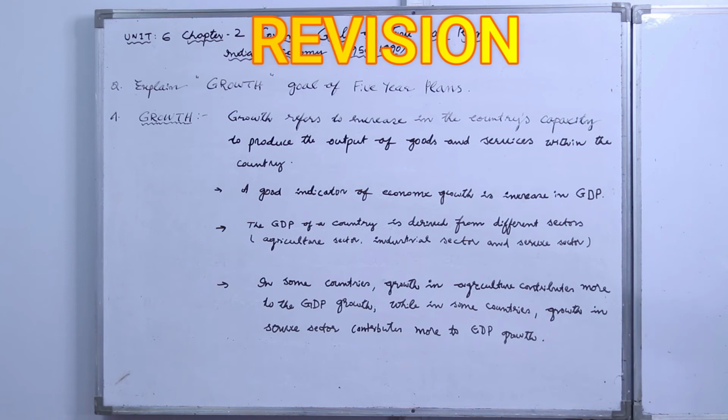Growth. The stagnation during the British rule forced the planners to make economic growth the first and foremost objective of Indian plans. Growth refers to an increase in the country's capacity to produce output of goods and services within the country.